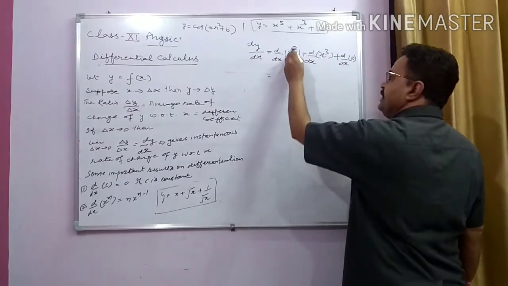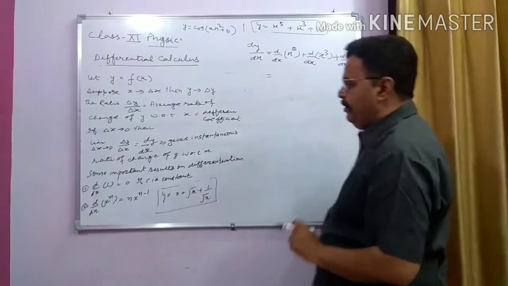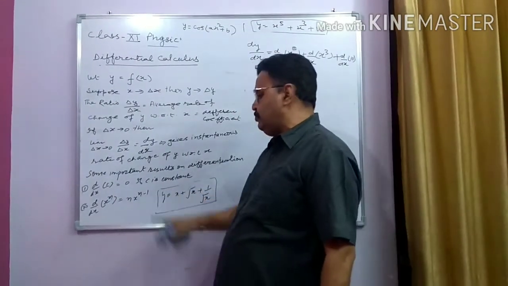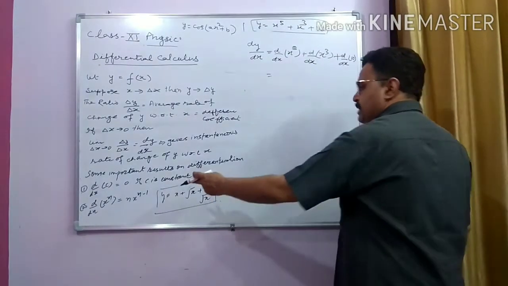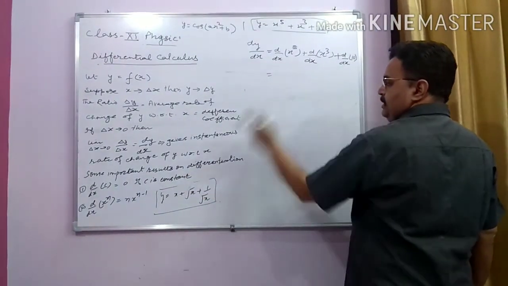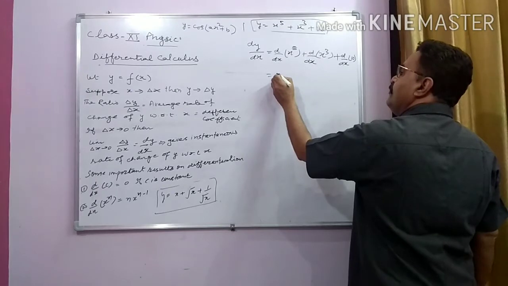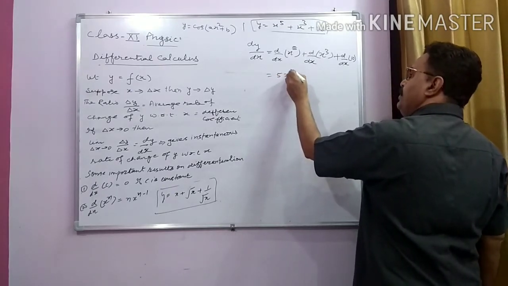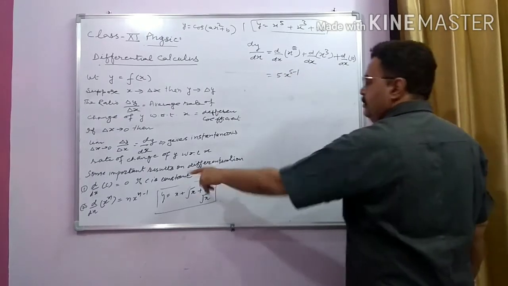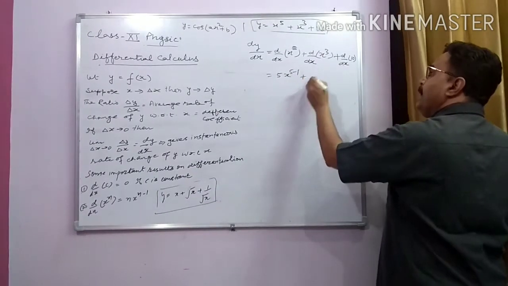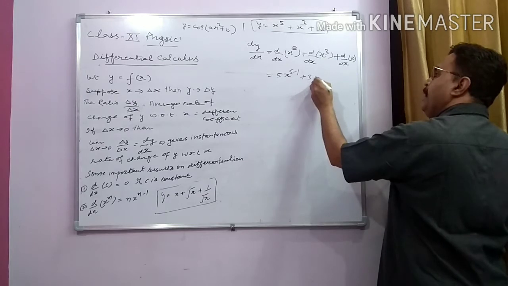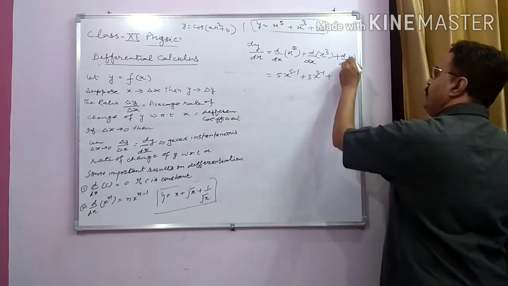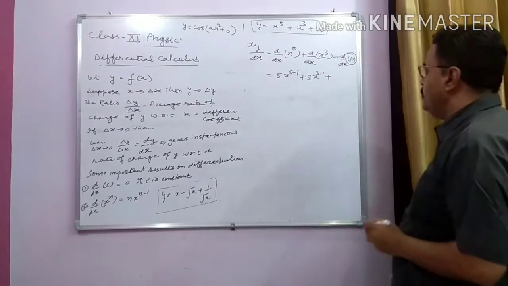Now we differentiate this. This expression we have already done: how to differentiate x raised to power n, that is n x raised to power n minus 1. The same pattern we can use here. We multiply by the power 5 and reduce the power by 1. Then plus, in the second one we multiply by the power and reduce the power by 1. And for the third one, this 10 is not a variable, it is a constant.